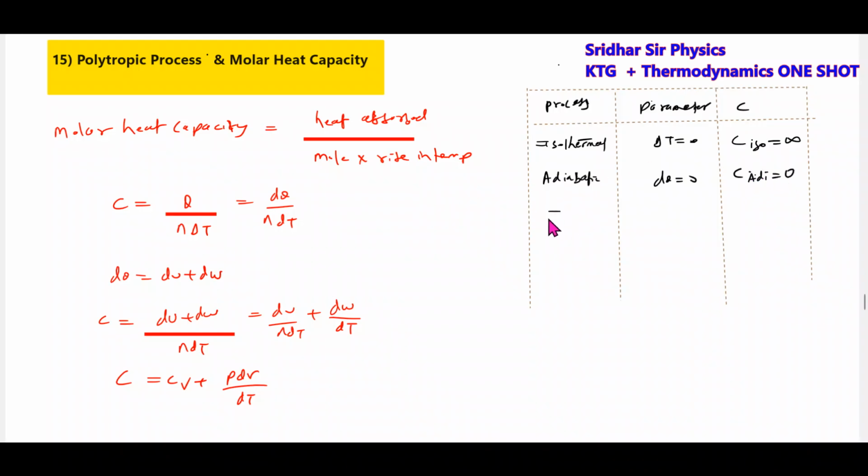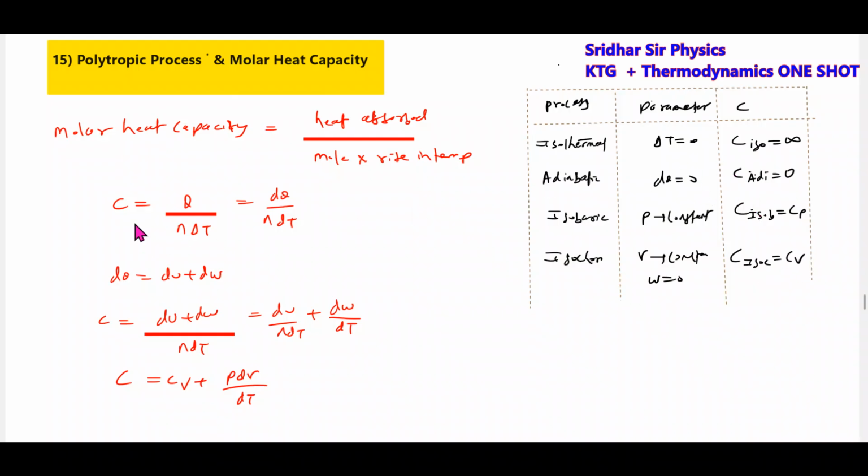For isobaric, pressure will be constant, then C isobaric will be equal to Cp. Then for isochoric process, volume will be constant or work done 0, then molar capacity for isochoric process will be equal to Cv.